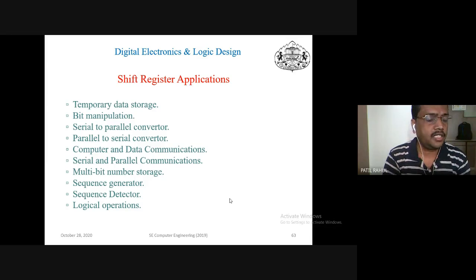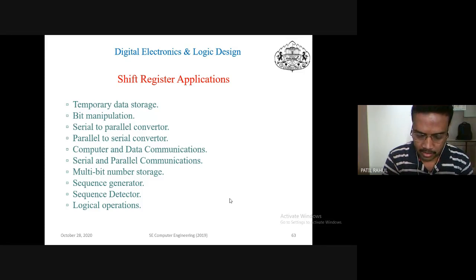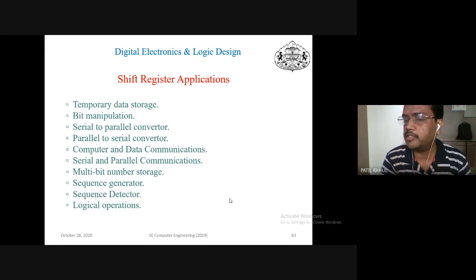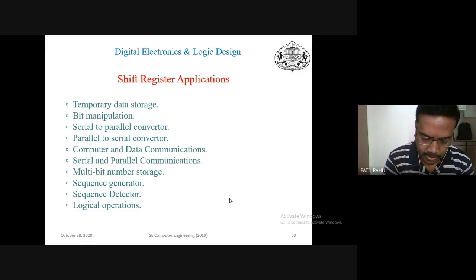The third application is the serial to parallel converter. In the current scenario there are a number of communication systems available, and you transfer data serially as well as parallelly.